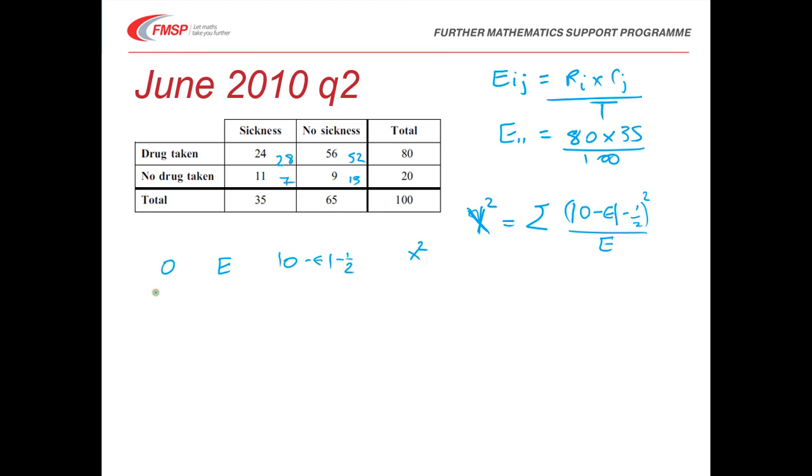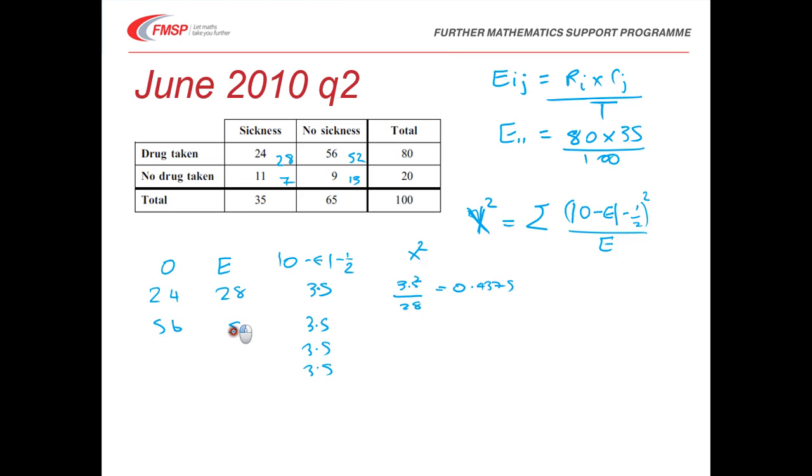Okay, so we're going to have 24, 28, that's now going to be 3.5, and then what we can do here is 3.5 squared divided by 28, okay, 0.4375. So it's good to do this for each one, but what you'll notice is all of these tend to be 3.5, just because of the nature of how these work.